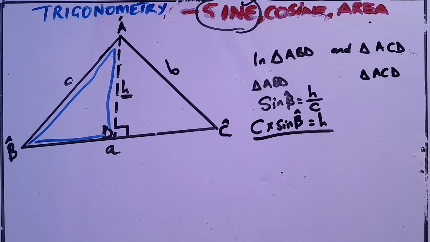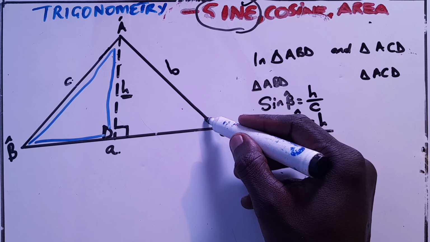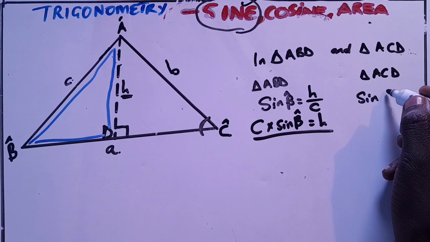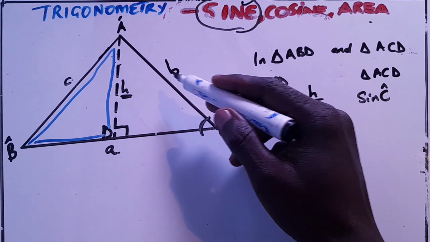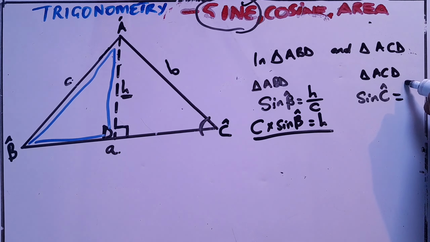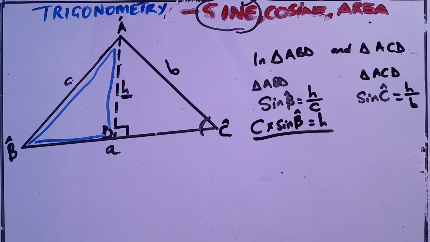And also in triangle ACD, we can see that the sine of angle C equals the opposite, which is H, over the hypotenuse, which is B. Can you see that?